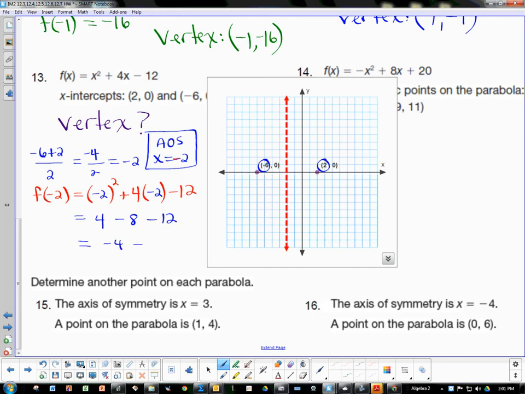That is negative 4 minus 12, and that happens to be negative 16. So our vertex is at negative 2 comma negative 16. Next problem.